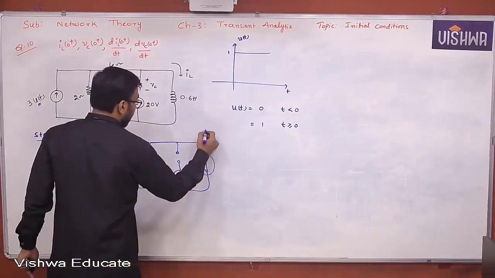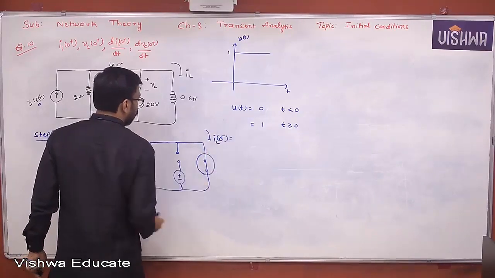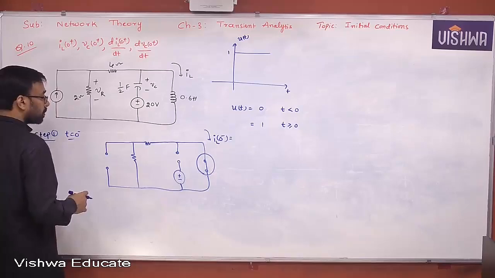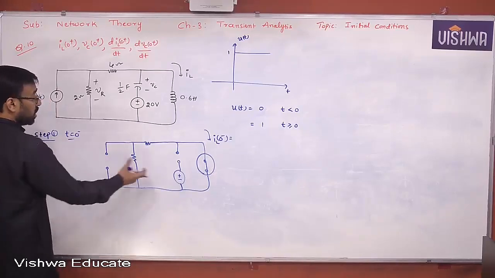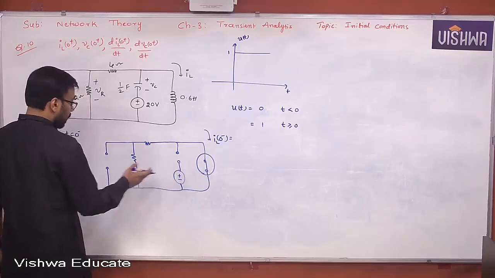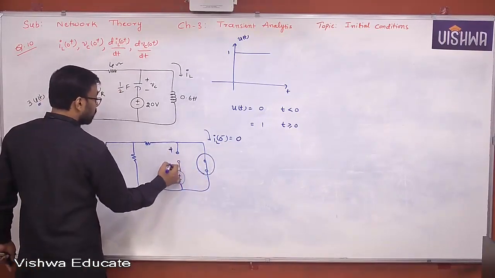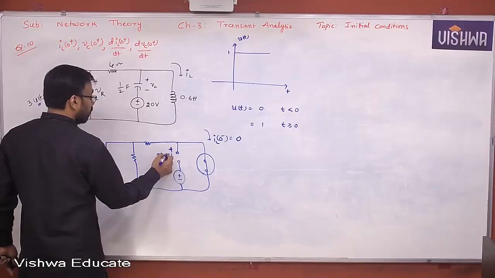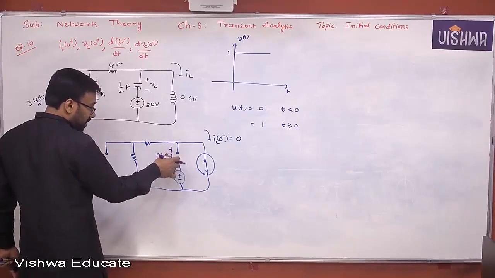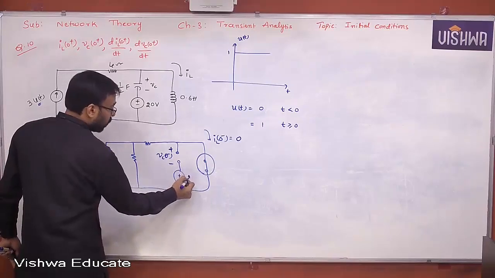Now, what is IL of 0 minus? It is 0, because there is no source at all. It is isolated completely. This is also isolated, therefore 0. What about VC of 0 minus? VC of 0 minus is the voltage appearing across the voltage source, right? So therefore 20 volts.